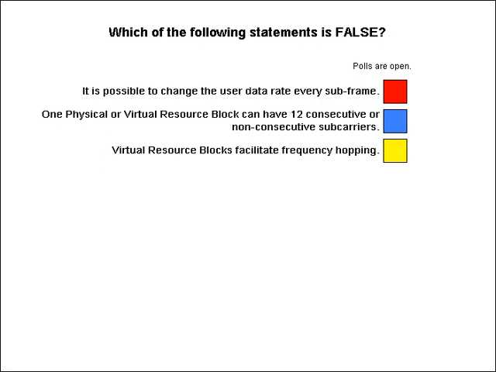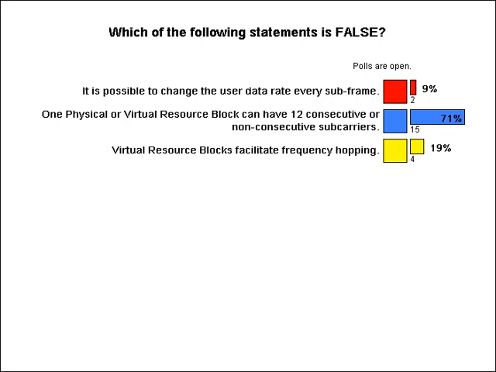Okay, so let's share the results. Oh, now the second option is the incorrect statement. As I mentioned earlier, it doesn't matter whether we have physical resource block or a virtual resource block.